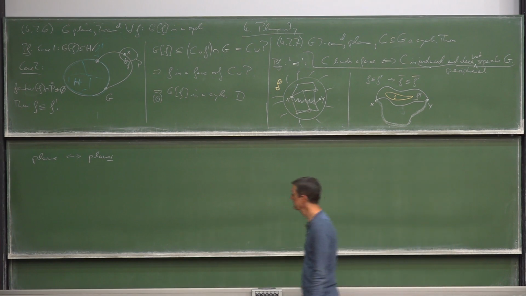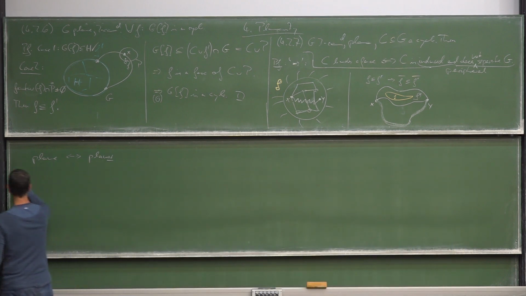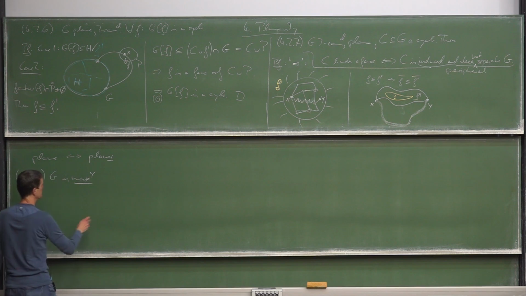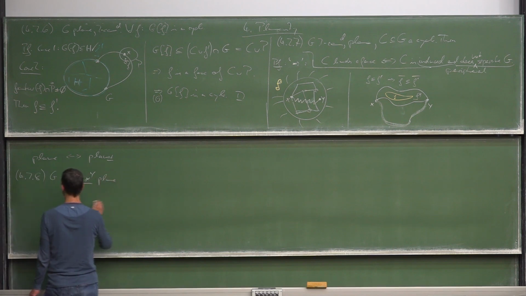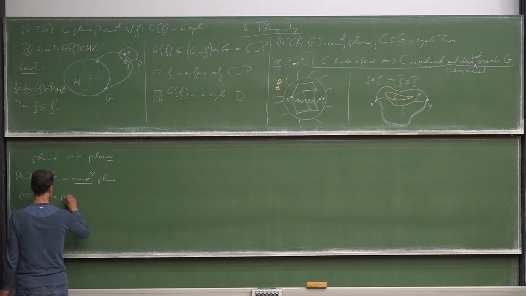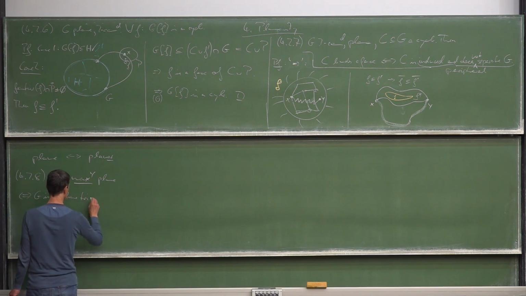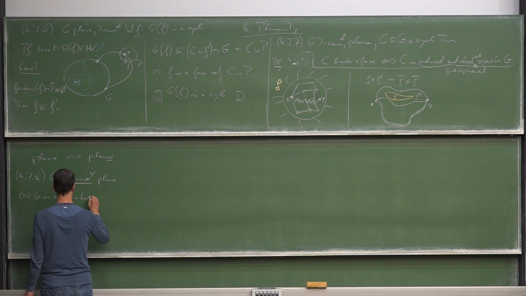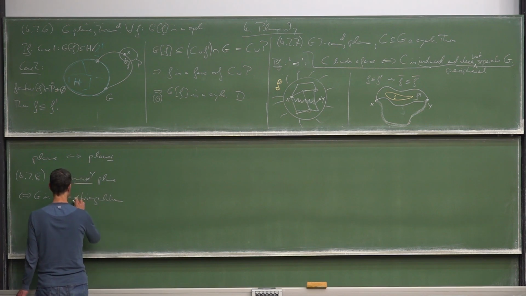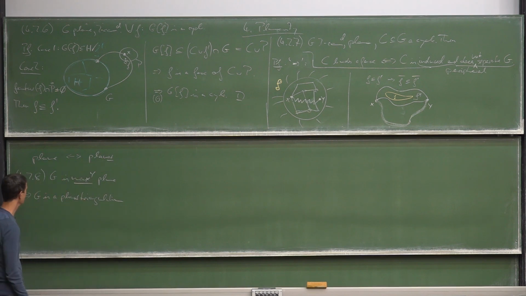Okay. So here's 4.8. A plane graph G is maximally plane if and only if G is a so-called plane triangulation. It's usually called a planar triangulation. Maybe it shouldn't be.